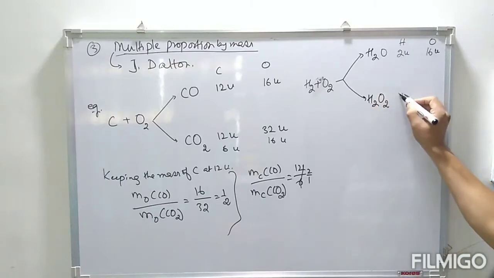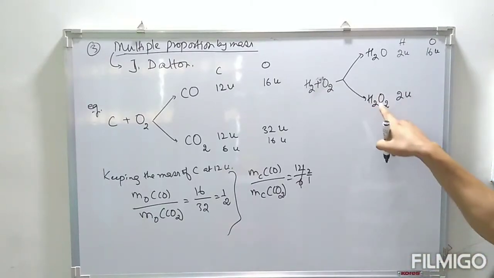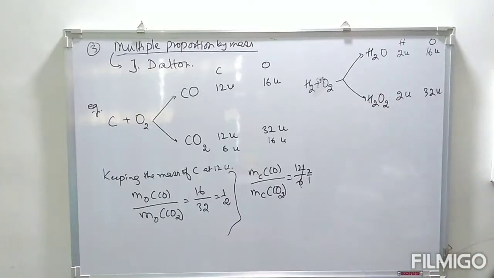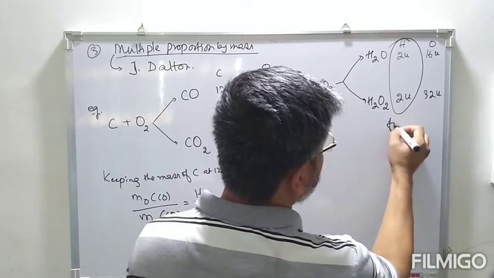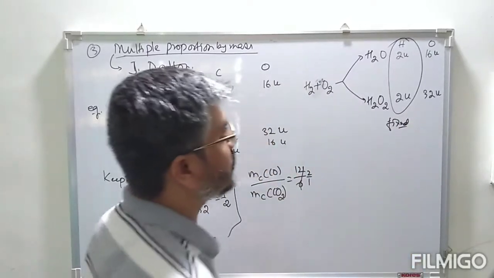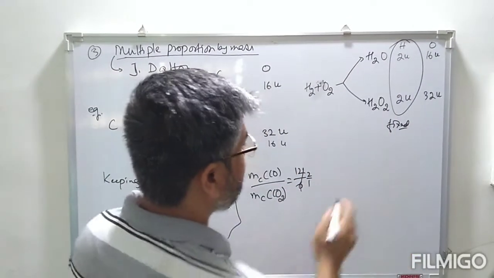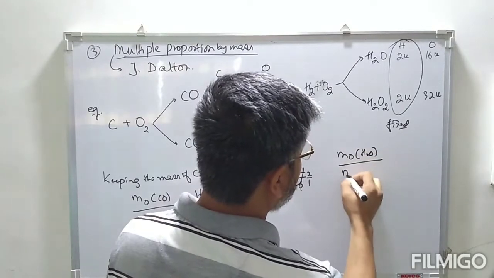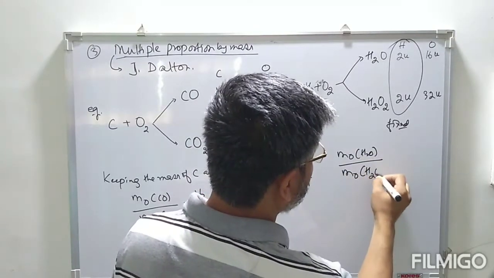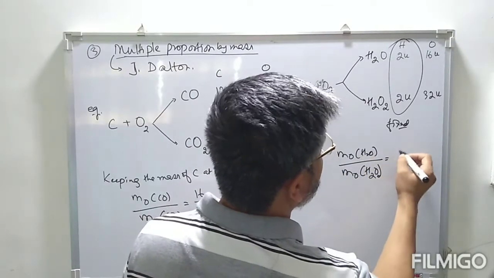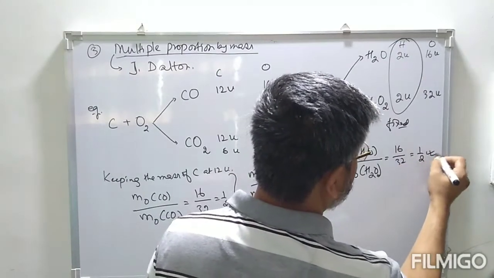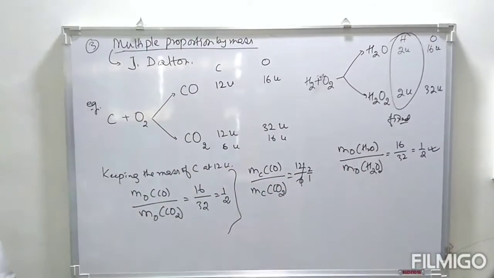Two atoms of hydrogen, 2 mass units. Two atoms of oxygen, 32 mass units. Now keep the mass of hydrogen fixed at 2 units. For the fixed mass of hydrogen, the mass of oxygen in H2O divided by the mass of oxygen in hydrogen peroxide, this ratio 16 is to 32, that is 1 is to 2. This is again a simple whole number ratio.